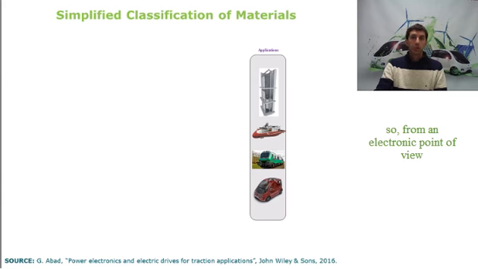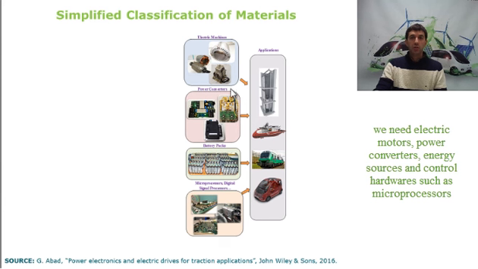So, from an electronic point of view, for applications or devices of our daily life, we need electric motors, power converters, energy sources, and control hardware such as microprocessors.